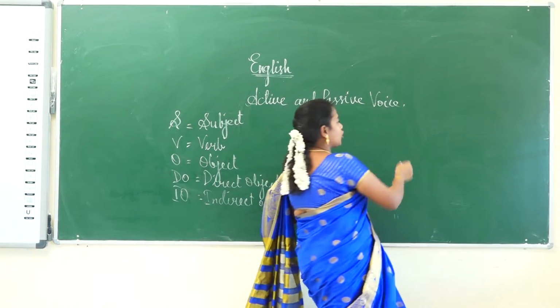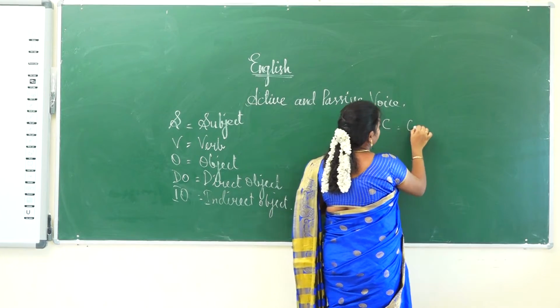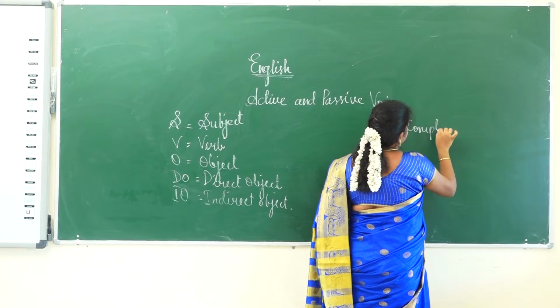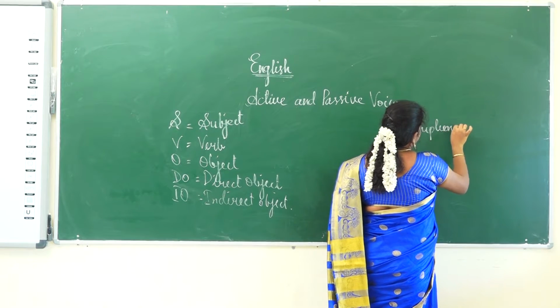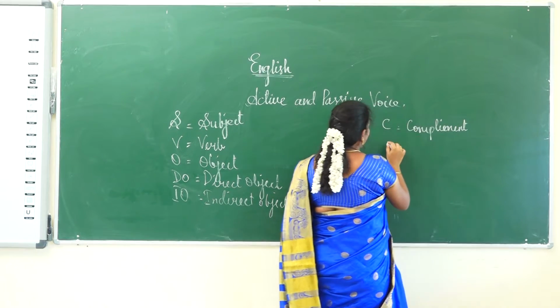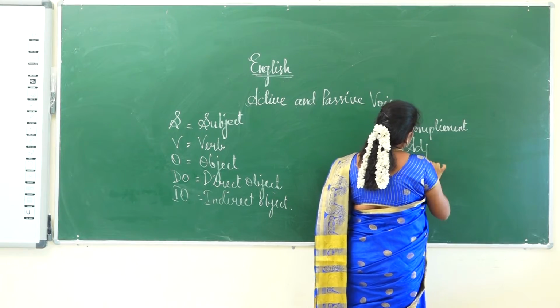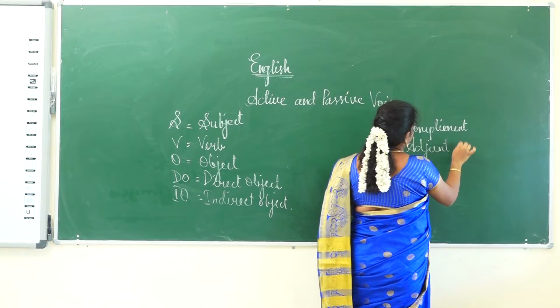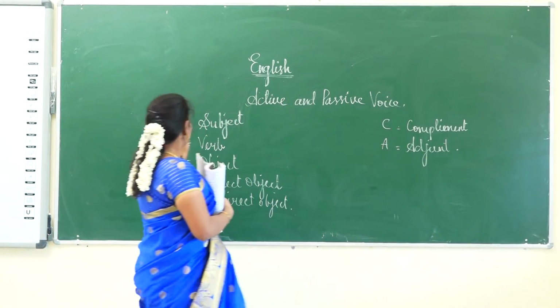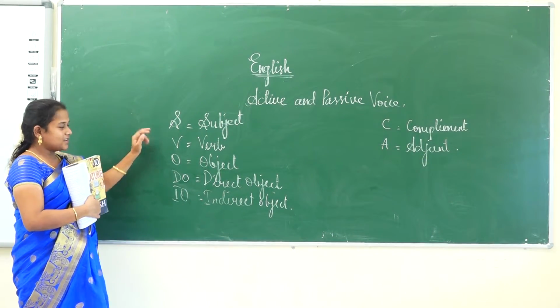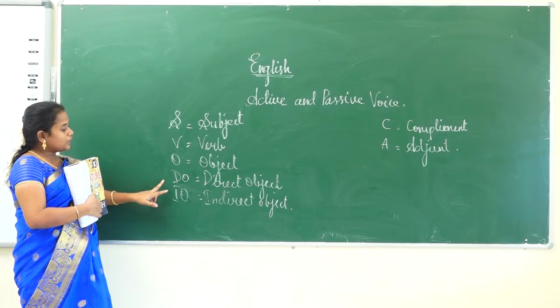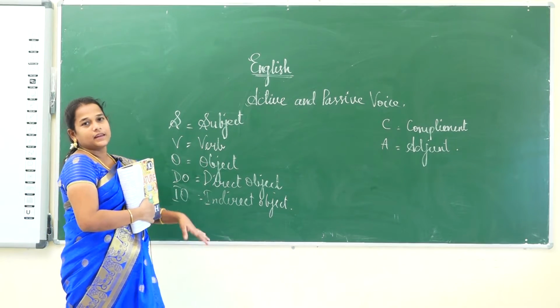Then C is for complement, and A is for agent. So, we have the elements S, V, O, DO, IO, C, A.